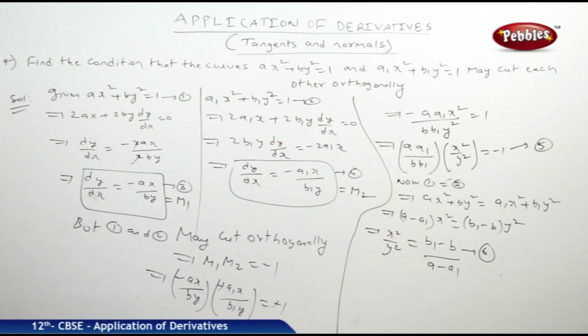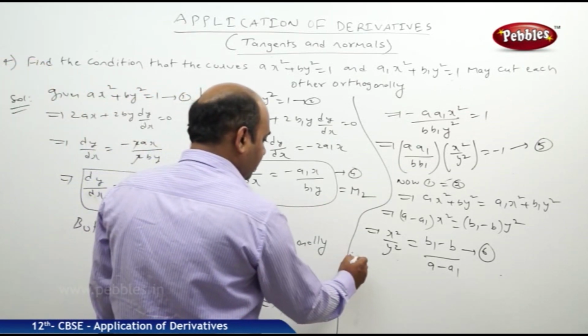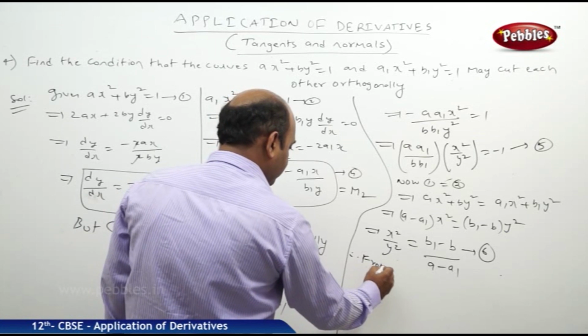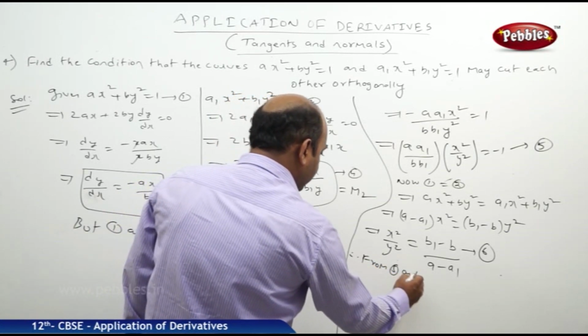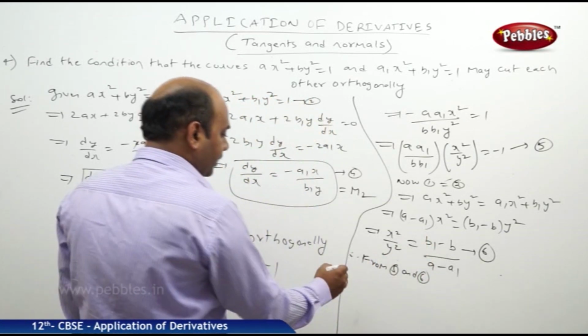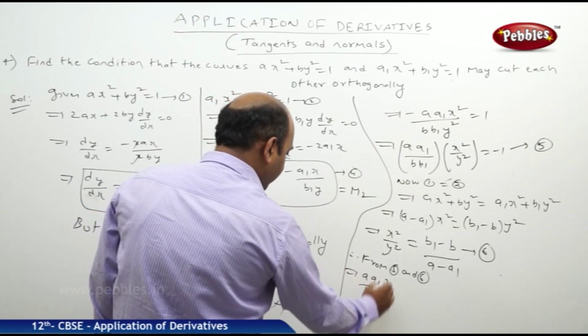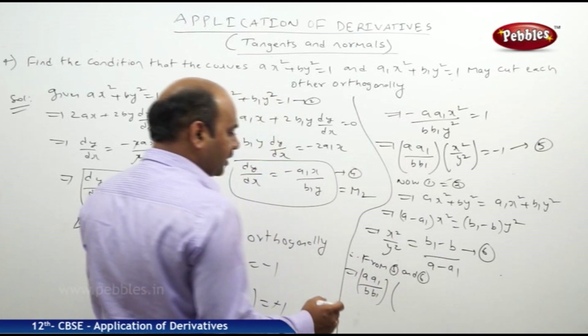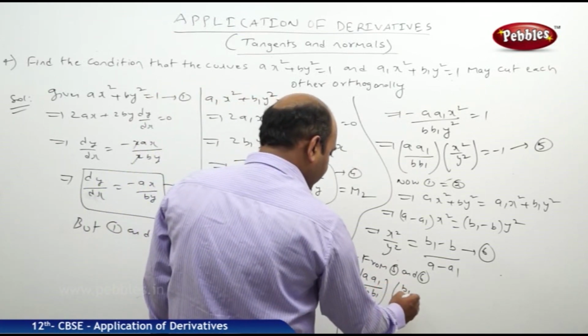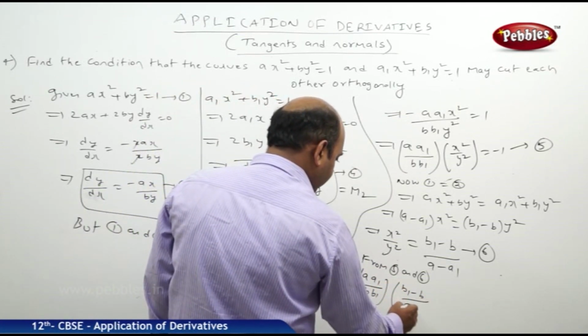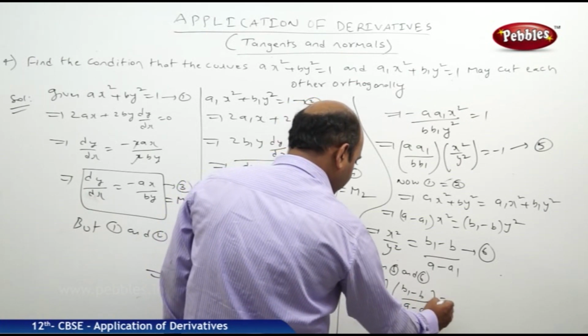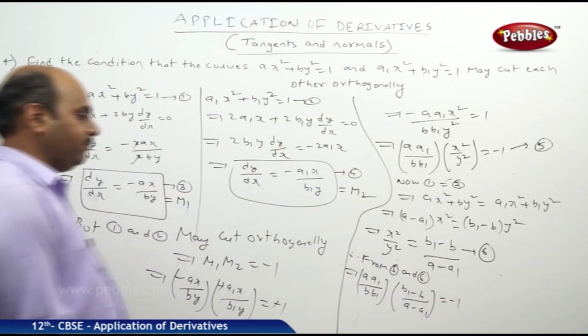Now using 5 and 6 I can remove my x square and y square in 5. Therefore from 5 and 6, a1 by b1, in place of x square by y square I will write b1 minus b by a minus a1 is equal to minus 1.